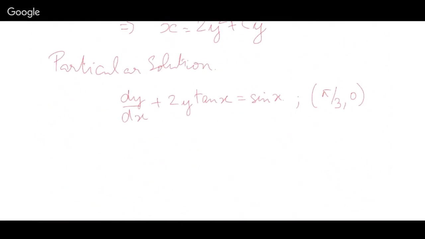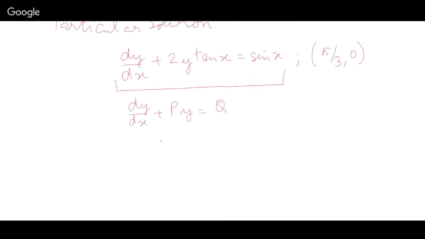So now if we have a closer look at the given differential equation, it is of the form of dy by dx plus py is equal to q. So we now know that our integrating factor is e to the power of integral p dx.